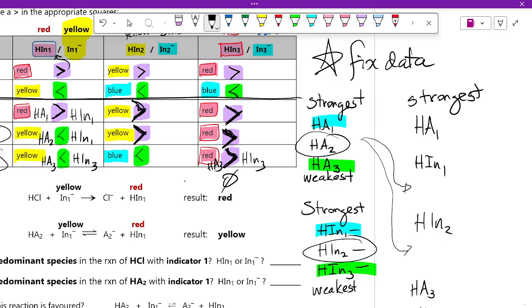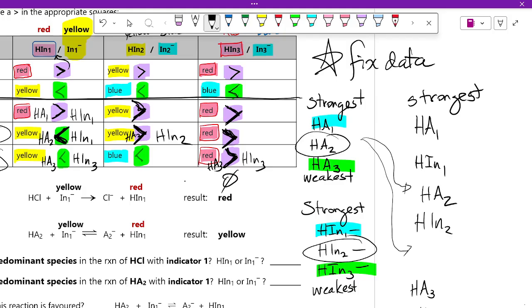It's going to go where the top one is because it is weaker than HIN1. HA2 is weaker than HIN1, but it is stronger than HIN2, so it has to go here.